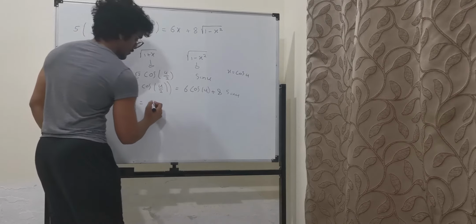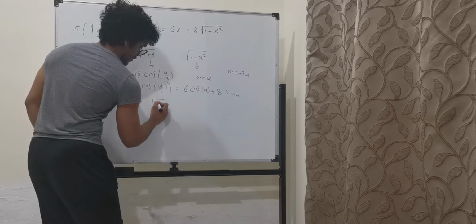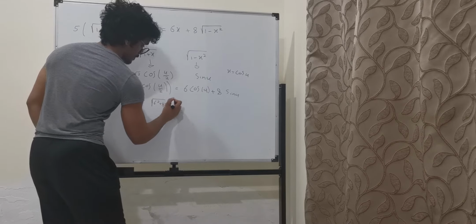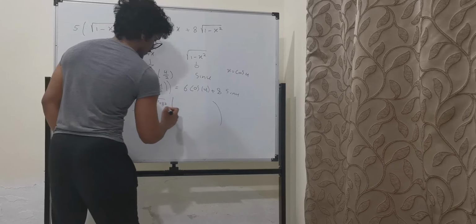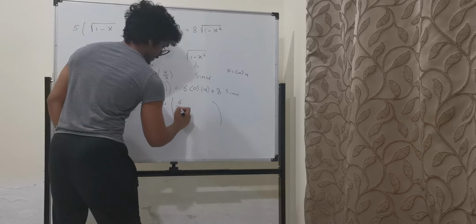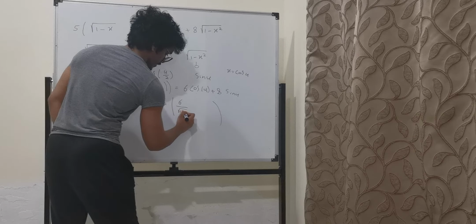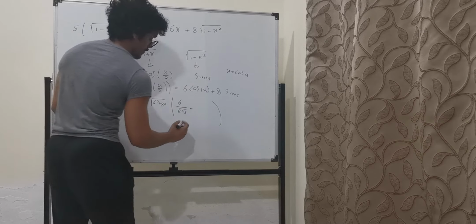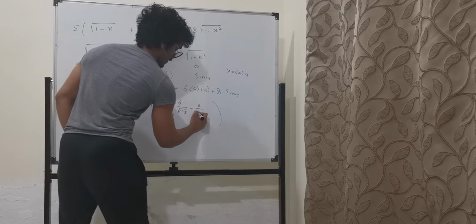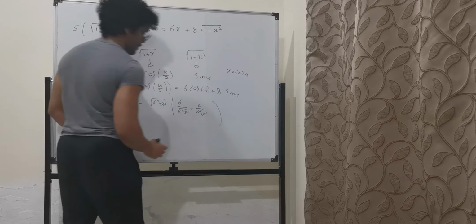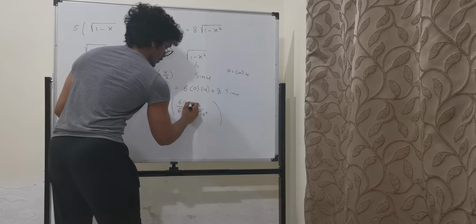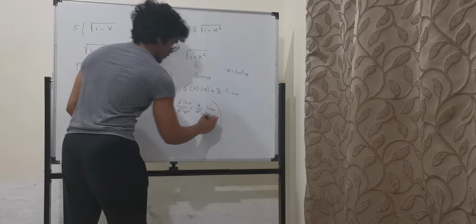On the left hand side, this will be 6 squared plus 8 squared, and minus 6 divided by 6 squared plus 8 squared. We just multiplied and divided by the same number, so just by 1. And cosine of u and sine of u.